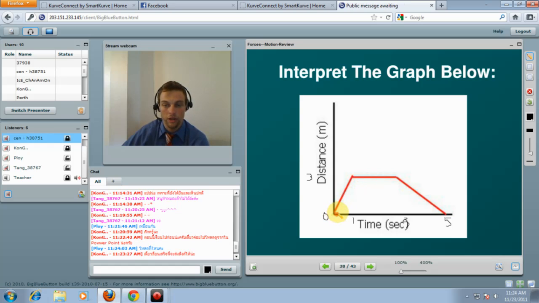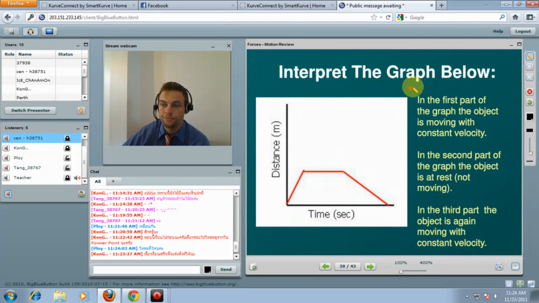The object is going away from you to 3 meters, it's hanging out there, and then it's coming back down to you. So this would be just like a yo-yo. Constant velocity, object is at rest, and then it's also moving at a constant velocity, but moving back towards you.